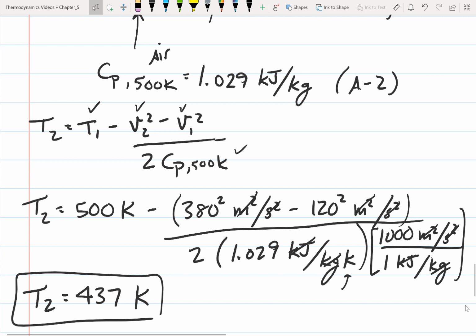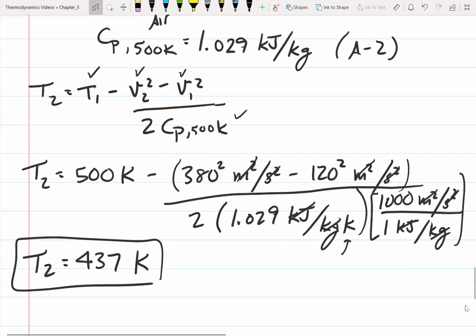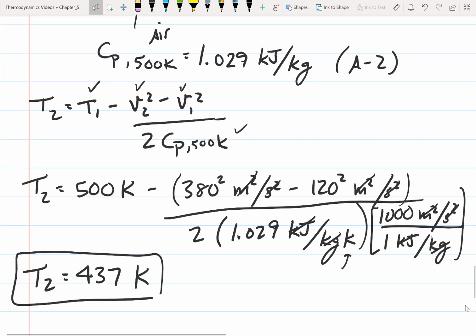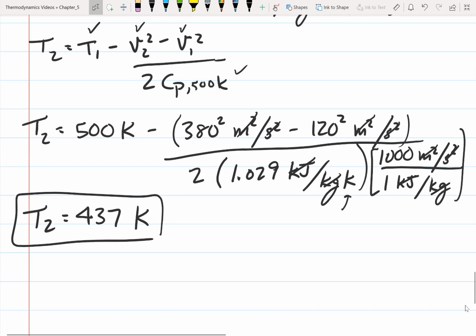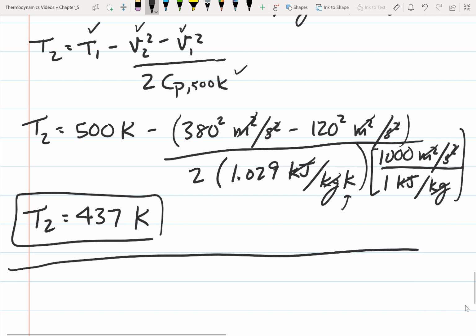The outlet temperature was pretty similar to the inlet temperature, so assuming that constant specific heat for the inlet temperature didn't change the answer much. But if the temperature had changed a lot, then that might not have been as accurate. So in this case, it might actually be better to use the air table to solve your problem.